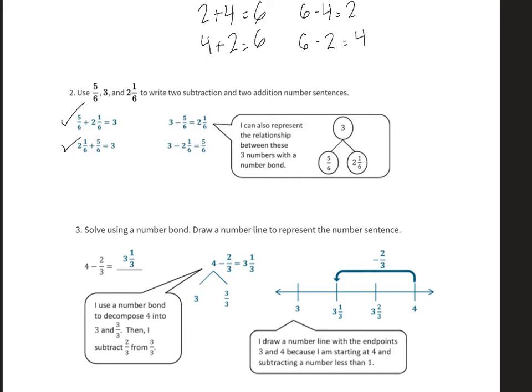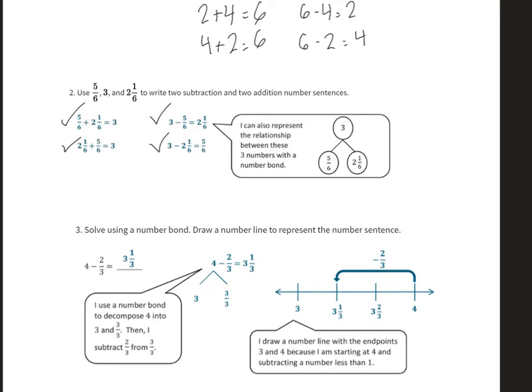Okay, now if I know both of those sentences are true, then I can also use the opposite of addition, which is subtraction, and I can say 3 minus 5/6 is going to give me 2 1/6, and 3 minus 2 1/6 is going to give me 5/6. Okay, so it's really just about using those 2 operations to create 2 number sentences for each, but you're still using the same numbers.